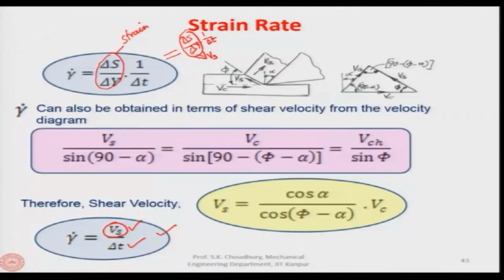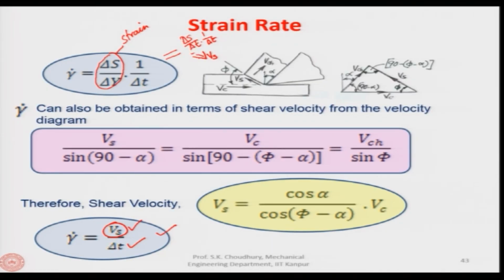I would like to make a small correction here. In the shear strain rate we said that this is delta S by delta Y into 1 by delta T. So, we can write this not like this, but delta S by delta T. I am correcting that, please make that correction.